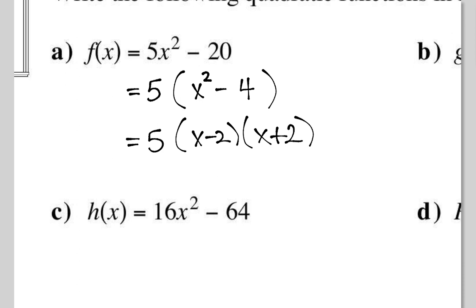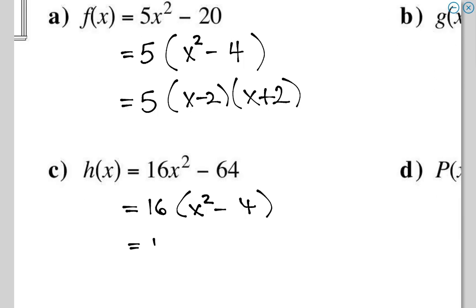And if it isn't, go lower. And then eventually you'll run out of options. So 16 is actually a factor of both. So you can take a 16 out of both, and you get x squared minus 4. So it's x plus 2 and x minus 2.